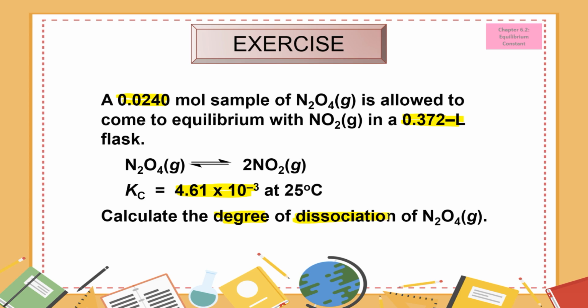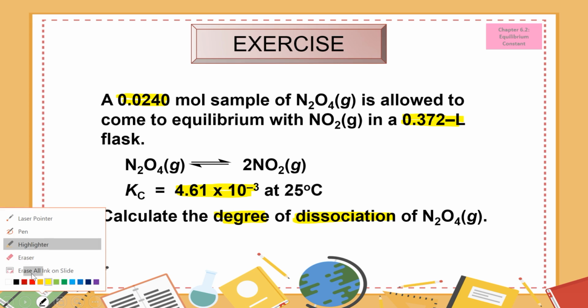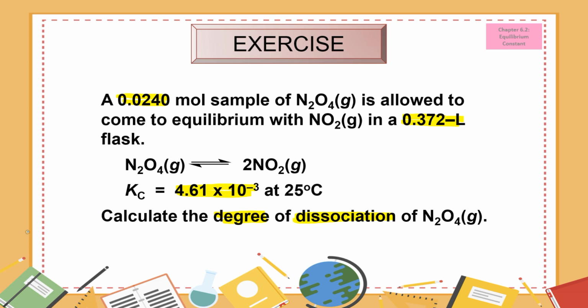So refer back to the equation. The formula is alpha equals concentration change over initial concentration. Therefore we have to calculate the initial concentration, and to find the change, we have to solve by using an ICE table.